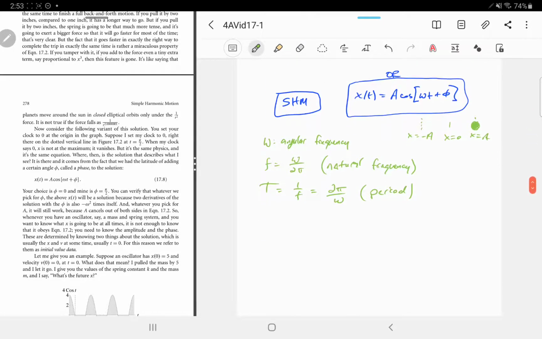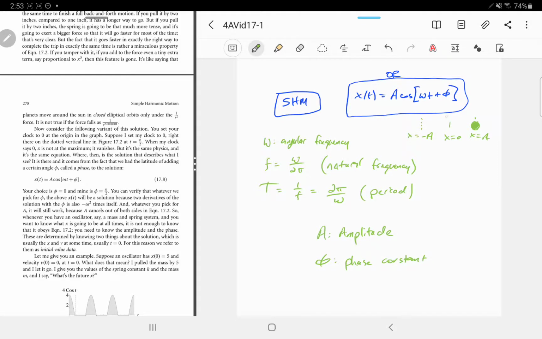Okay. Other things here are A is the amplitude. It's how far, in one whole oscillation, how far away does the mass get from equilibrium? That's the amplitude. And phi would be the phase constant. So this corresponds to, like, when t equals 0, where is it along this journey?